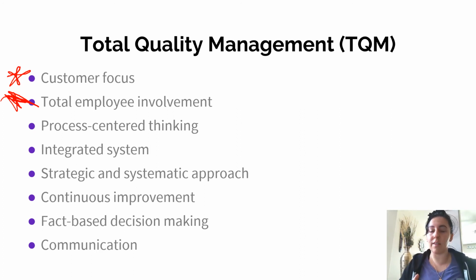This total quality management is how your everyday practices work, this is how your company works. You are always continuously improving. And everything is very systematic here, and they only make decisions based on facts. And they like to focus on communication and whatnot.